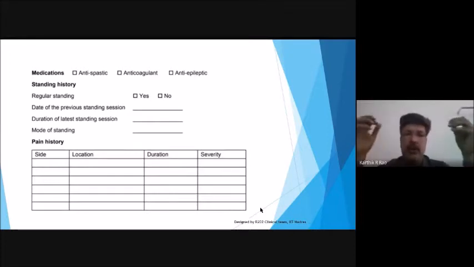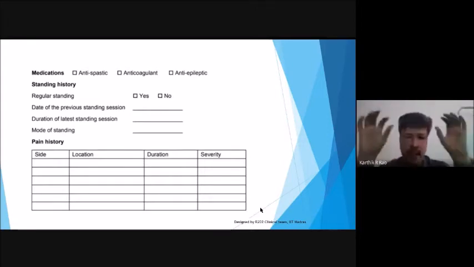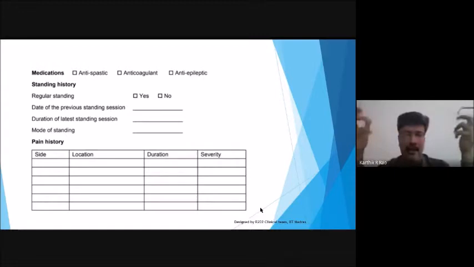So standing with two people's support, or almost hanging onto a stationary support, cannot be considered as standing. Standing could be through a standing frame, through calipers, or leaning on a wall or things like that. That would ensure that the person has got enough weight bearing through the bones and osteoporosis has not set in.